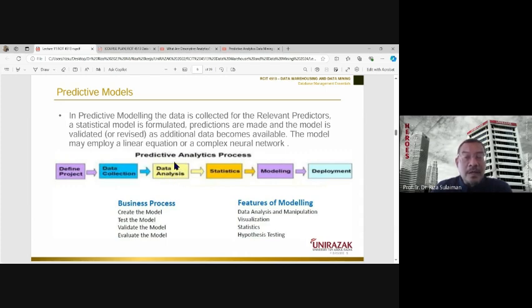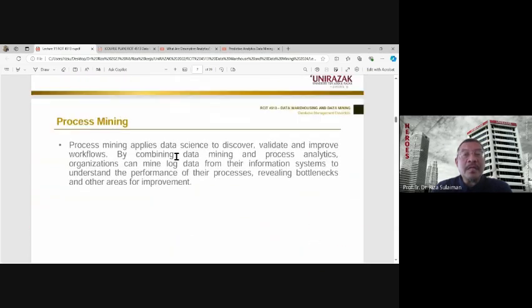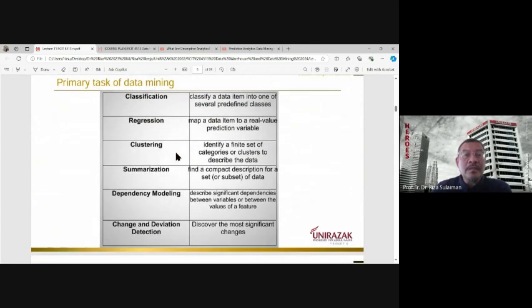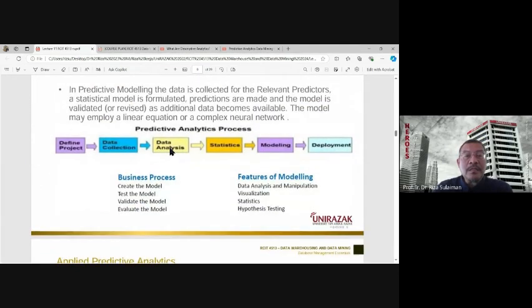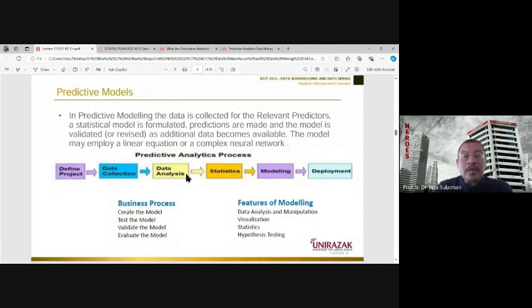In this yellow area is basically what happened here, right? So in data analysis, you do later after that you do the statistics, and then you do some modeling, and then you use it or deployment.